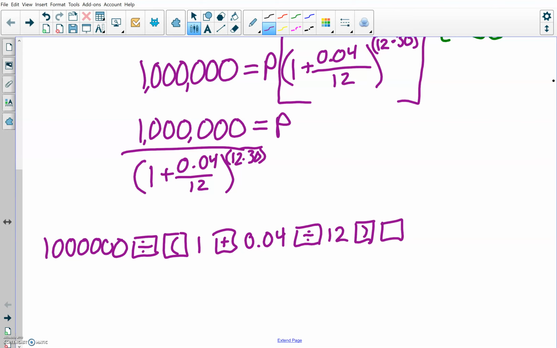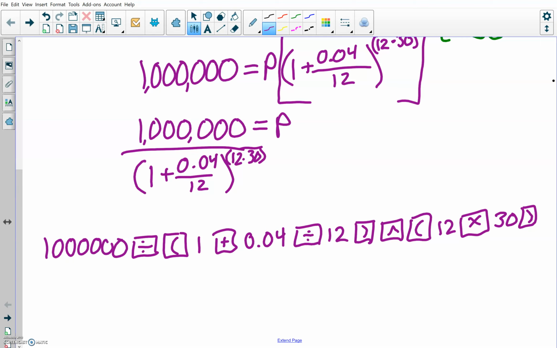Then hit that little power button, which on a TI-30 or even the TI-83s and 84s looks like this. Then start a new parenthesis for the power, do 12 times 30, and close that parenthesis. That will give you the correct answer.